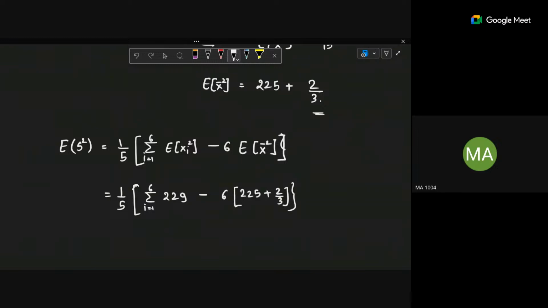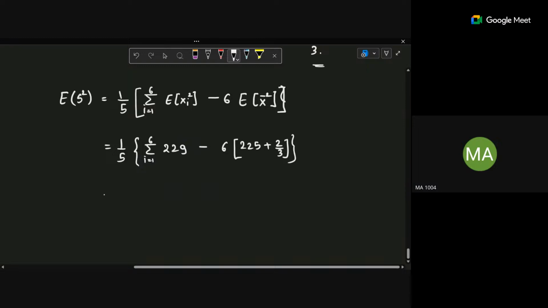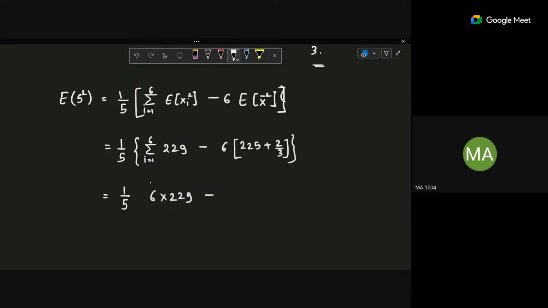So we just calculate it. One by 5, this is 229 common with 6, so 6 multiplied by 229, minus 6 times 225 minus 6 times 2 by 3.